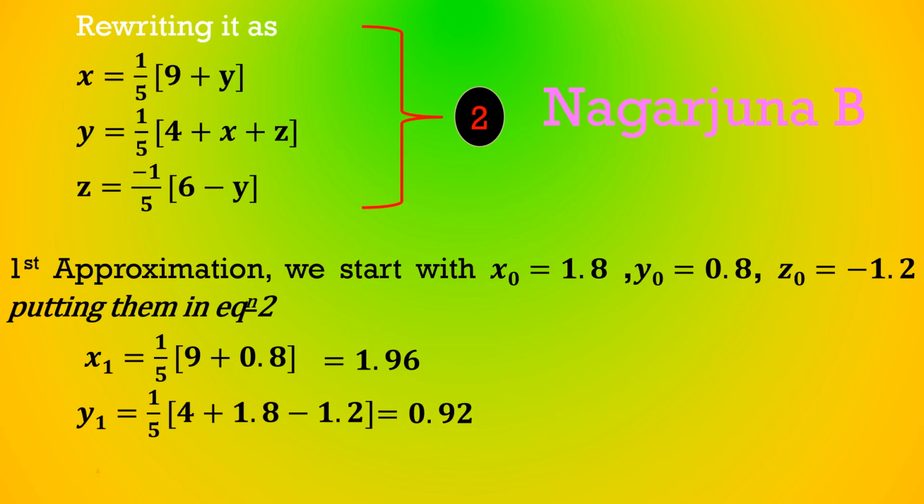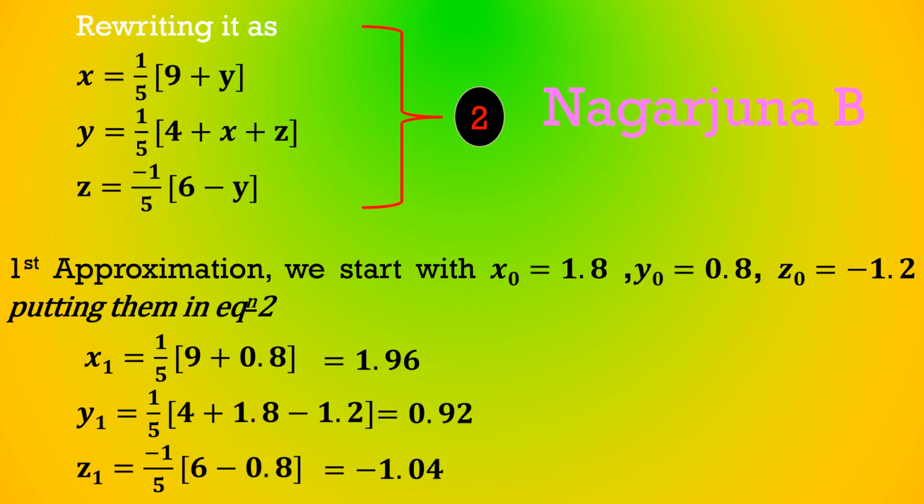The next, z1 is equal to minus 1 by 5 into 6 minus 0.8, because the y value is 0.8. Open the bracket, 6 minus 0.8, close the bracket, divided by, open the bracket, use the small minus sign which is present in the calculator, and write 5, close the bracket, and that answer is minus 1.04. So these are the values of x1, y1, z1.